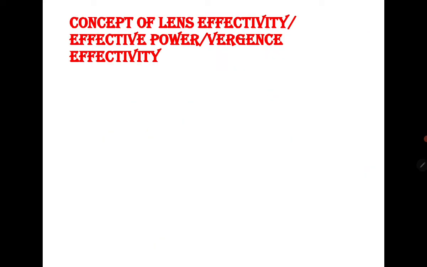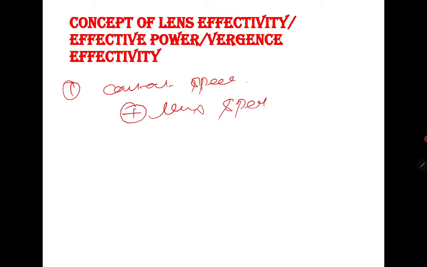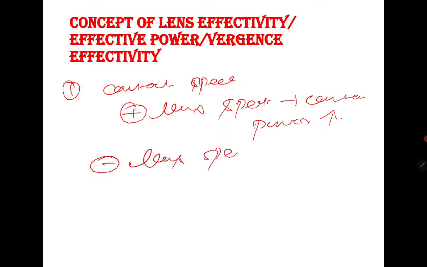So let's look at the clinical significance that we encounter in our OPD. First is the contact lens. Obviously, in a plus lens, spectacle to contact lens, power increases. In a minus lens, spectacle to contact lens, power decreases.